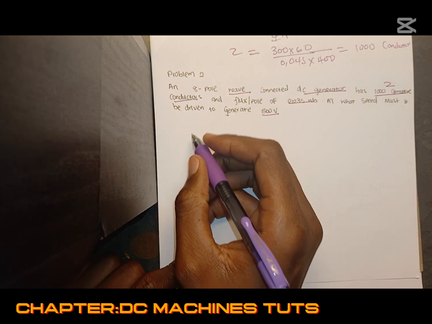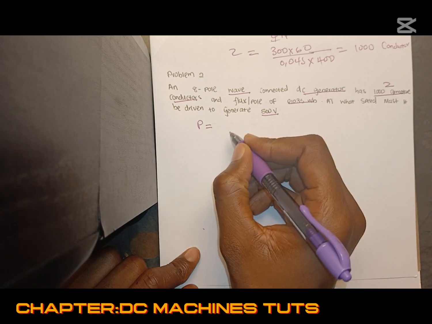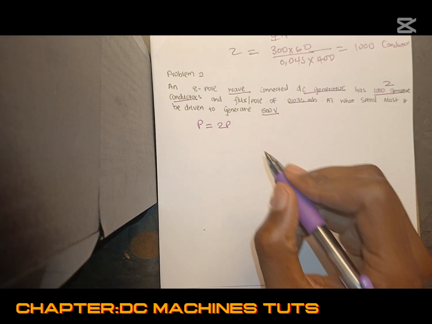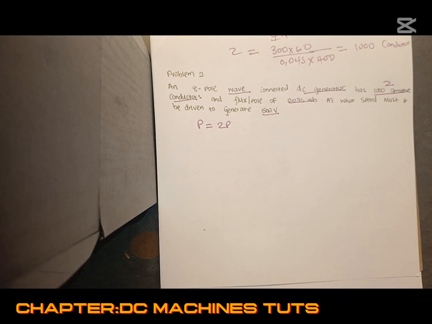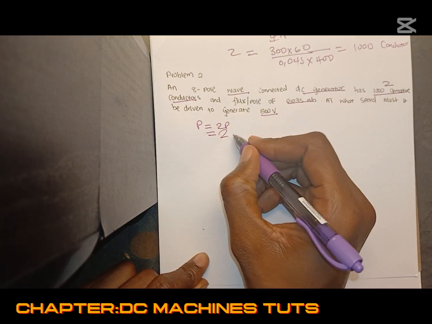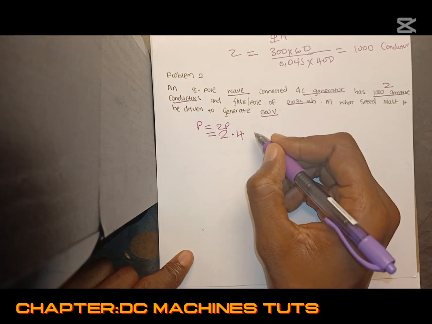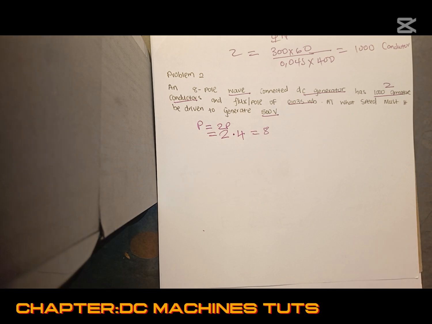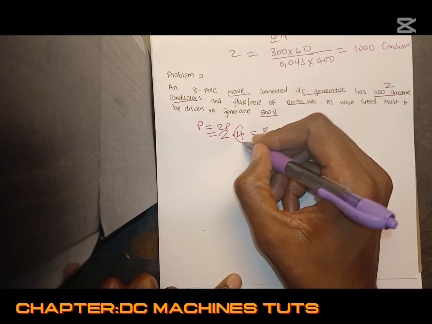Right, now, number of poles are always in pairs. Like I told you guys when I was introducing you to the formulas, I talked about P being the pair, right? So it's always pair. So that's 8, so what we need to use then is 4.